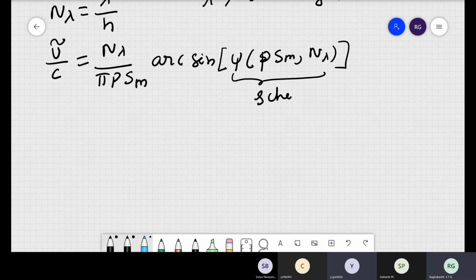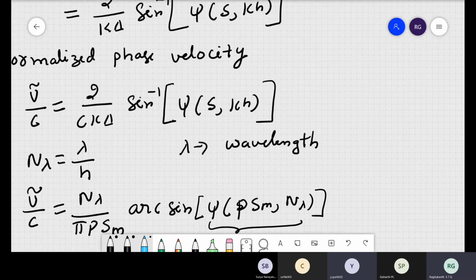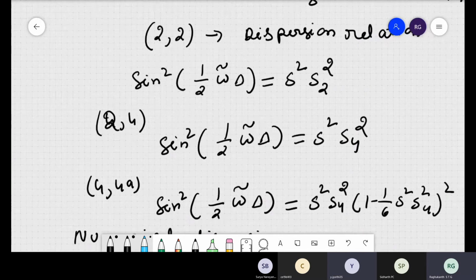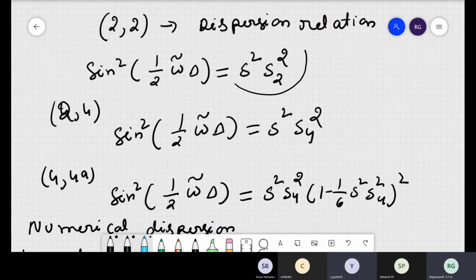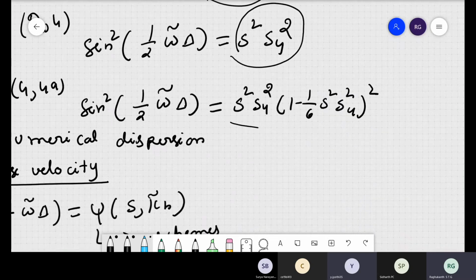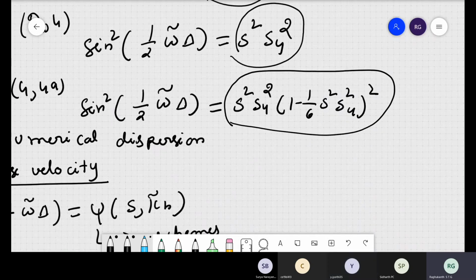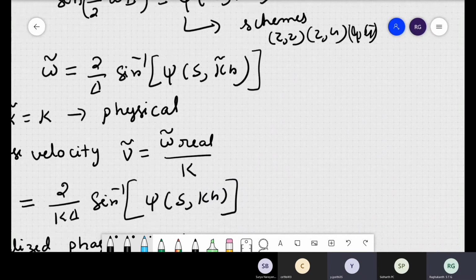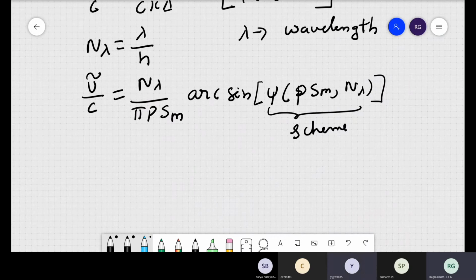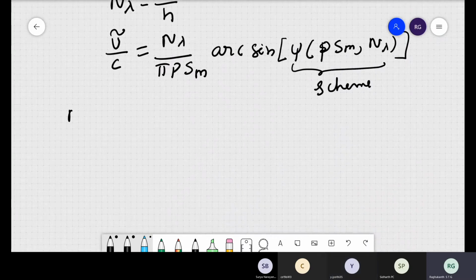If it is a 2 comma 2 scheme, it will be like we have already written, s square into s2 square. Suppose it is a 2 comma 4 scheme, this will be different. For all the different cases, all of them can be written in this simple kind of equation itself, and then these equations can be used to study the numerical dispersion.